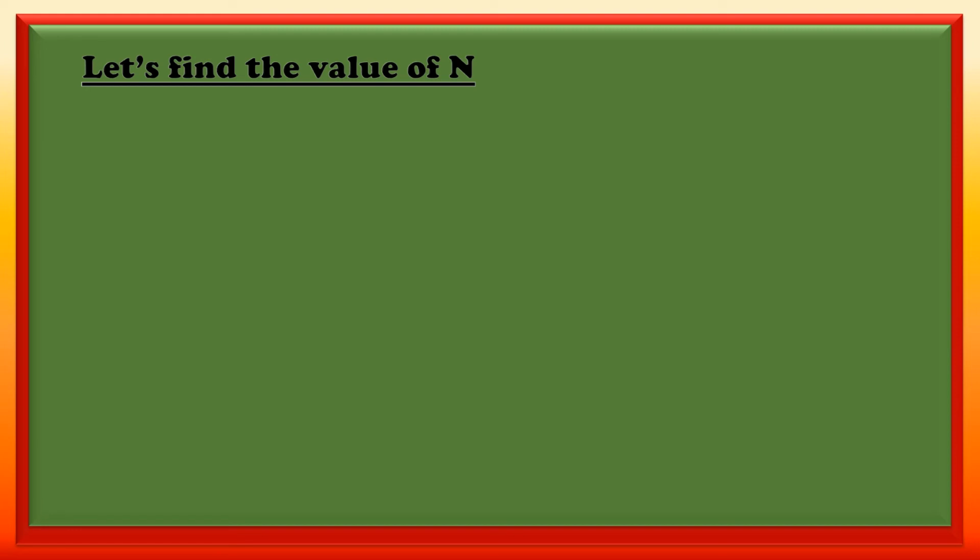Let's find the value of n. Now, how do we solve for n if our proportion is an inverse proportion? Our first ratio is 1 is to 3. Our second ratio is 2 is to n.